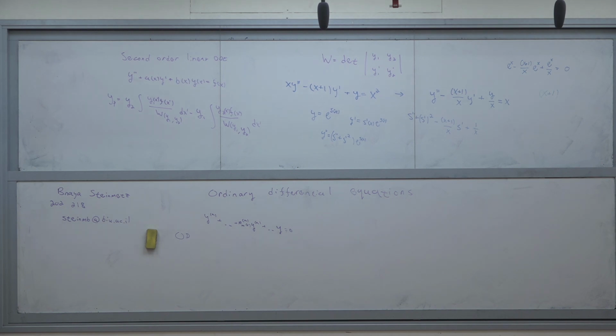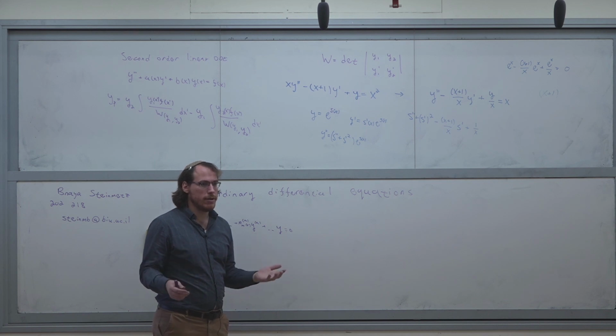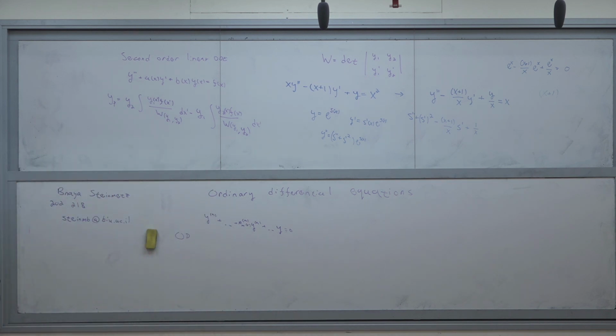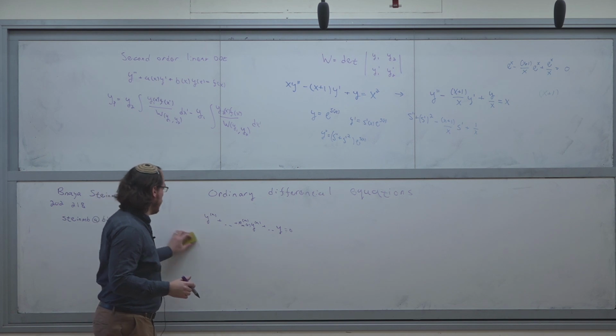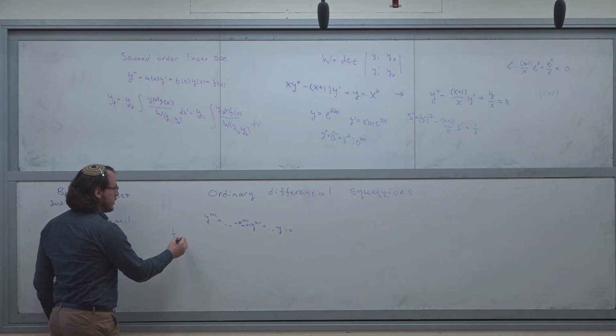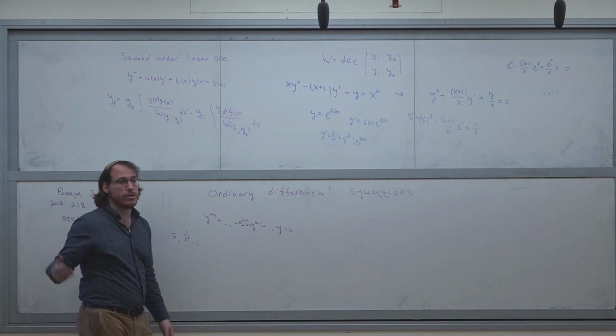But we get into trouble when those coefficients do diverge. They can diverge in many ways. For example, they can diverge like 1 over x, or like 1 over x squared, right?